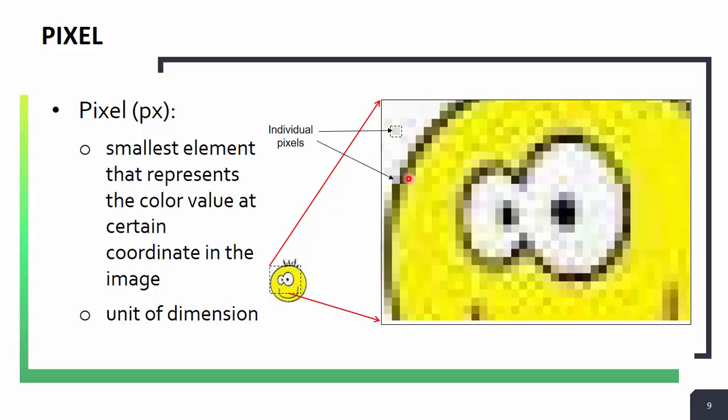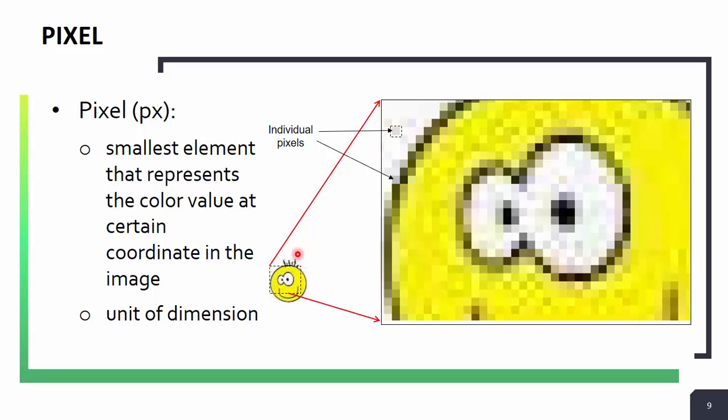So sort of we can tell at, let's say, 5 pixels to the right, and let's say 25 pixels up, the color is, let's say, gray, and then 20 pixels up it is yellow, and so on. So pixel is what defines the color at certain location in the image.